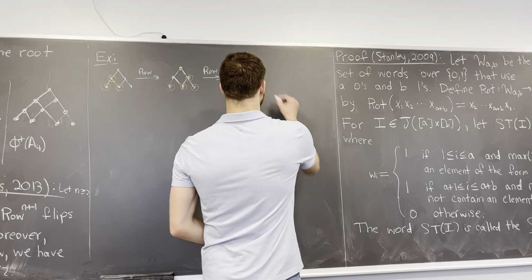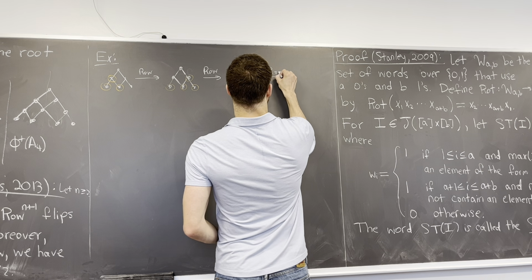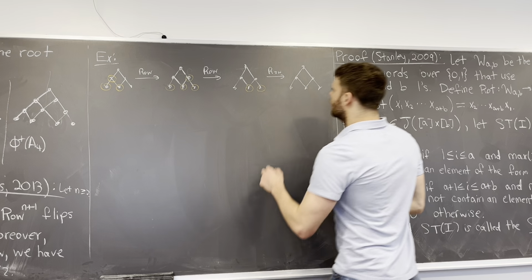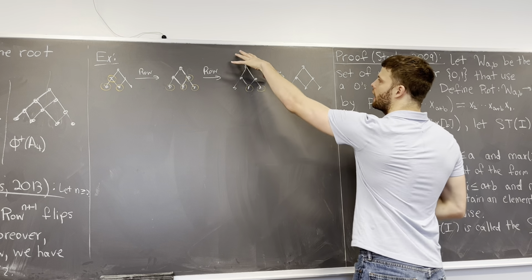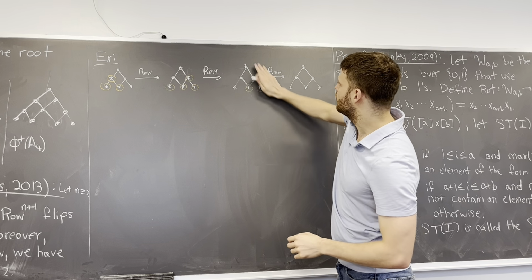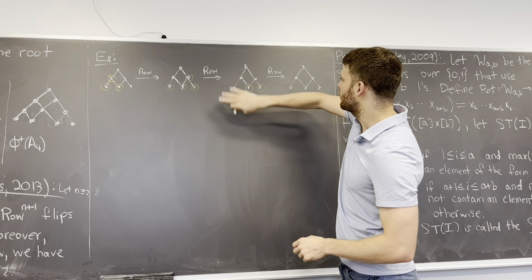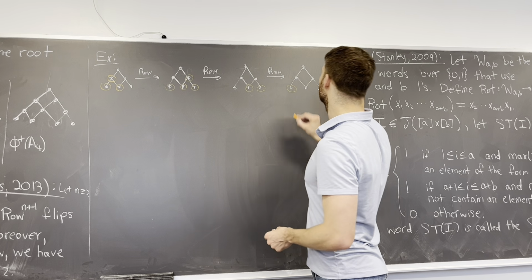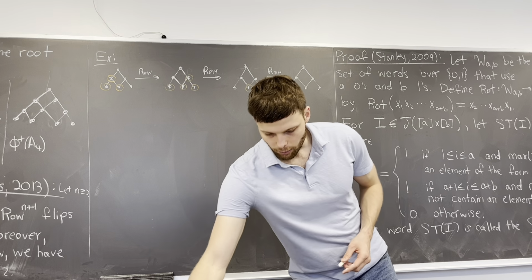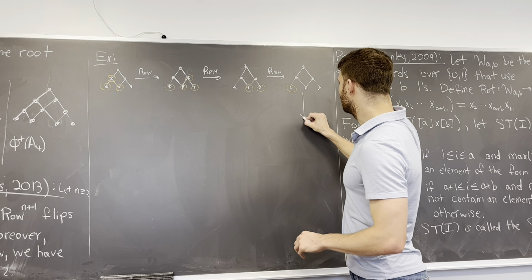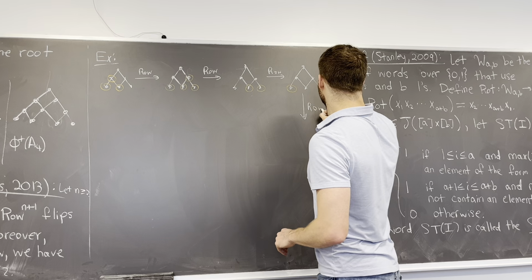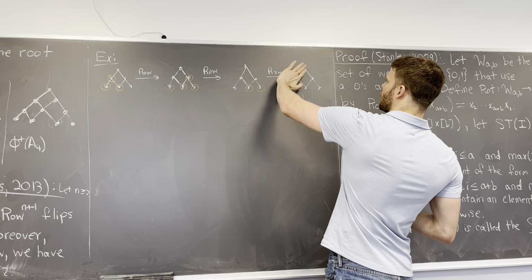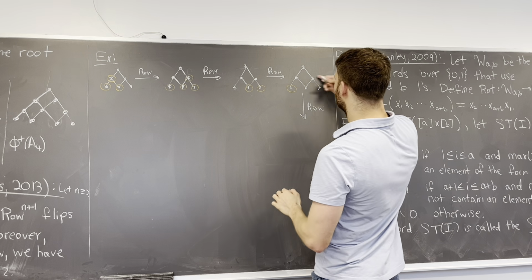The maximal elements are these 2 elements. I saturate upward, so I get all of these elements except for this one. So when I take the complement, I get just that one. Now, the maximal elements are just this. I saturate upward, I get these 3 elements. When I take the complement, I'm left with these 3 over here.